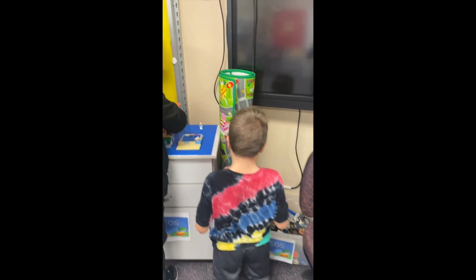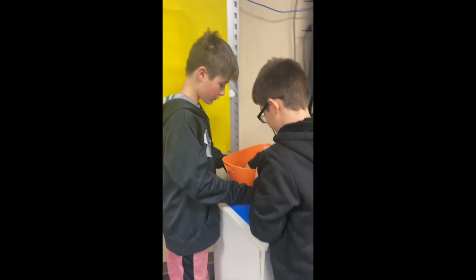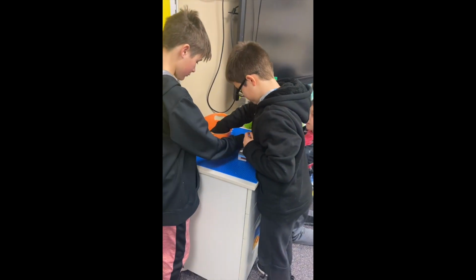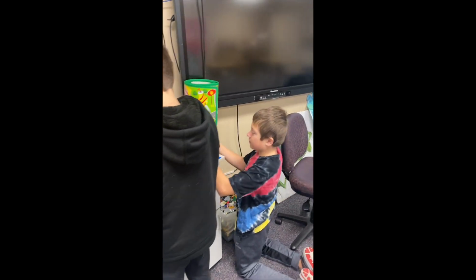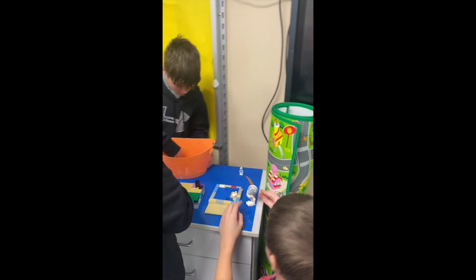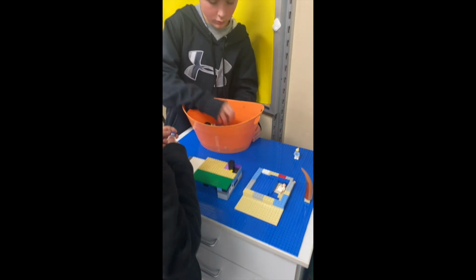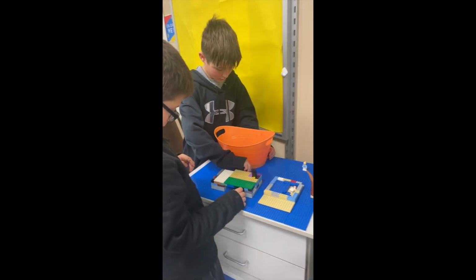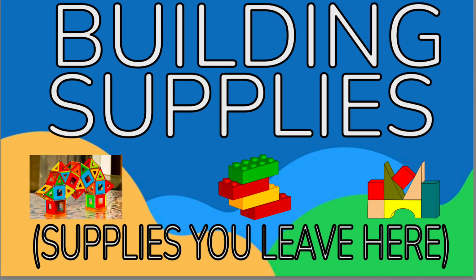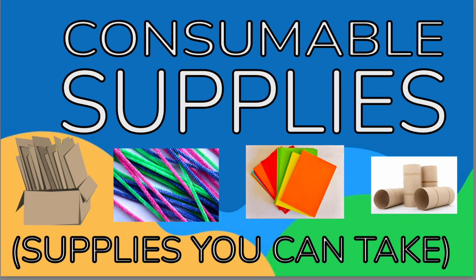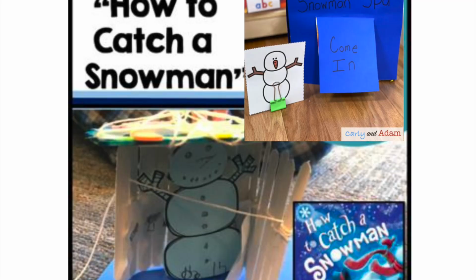Another building supply would be Legos. You could build How to Catch a traps with Legos too. Just remember that those things need to stay in the Makerspace because they're not a consumable supply, they're a building supply. Make sure you talk about the difference between building supplies and consumable supplies before you start building your traps.